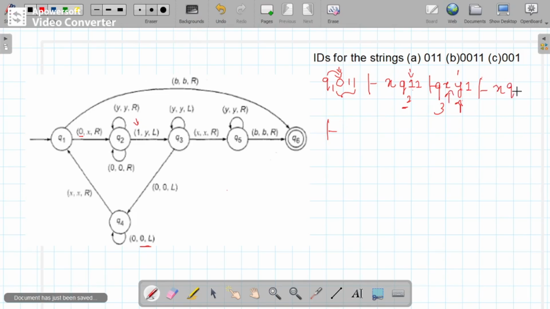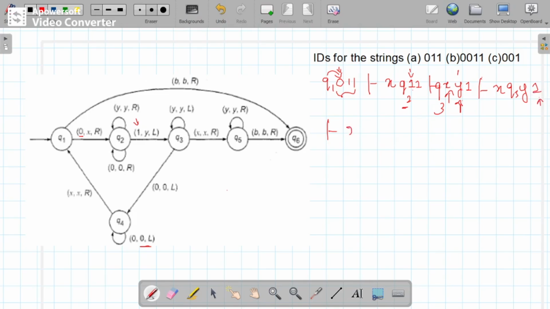So q5 should come here, next y, and then 1. So now q5 on y goes to where? q5 on y goes to y, q5 itself. But what's the move? It is supposed to take right. So the next time the read write head should come here.